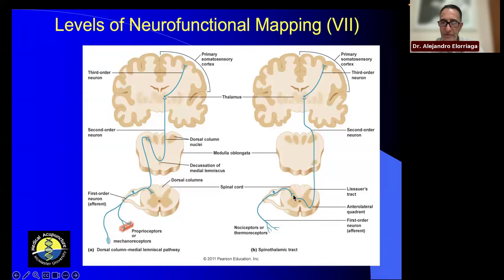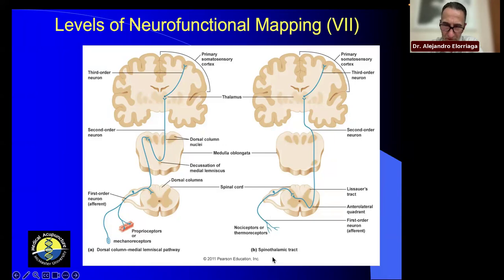Interneurons are going to integrate the signals, modulate them already, and pass them to the contralateral side, and that's going to form the spinothalamic tract that goes all the way to the thalamus, and then from the thalamus will be sent to different parts of the cortex.